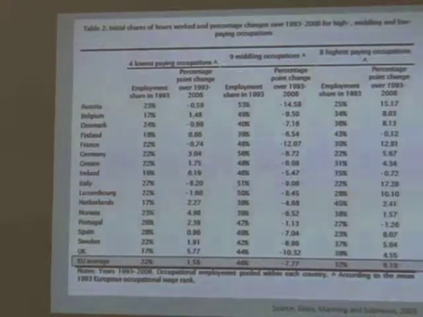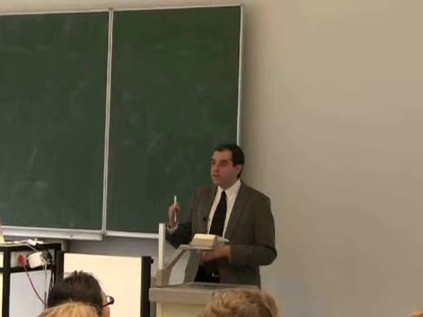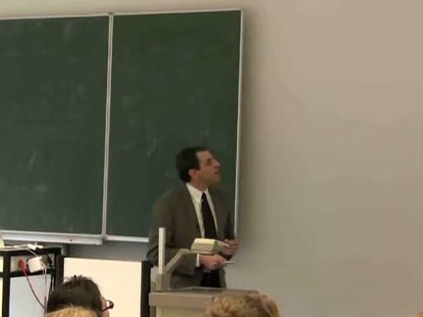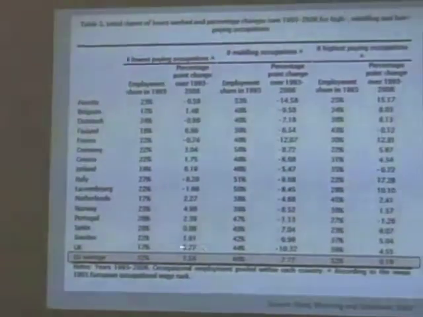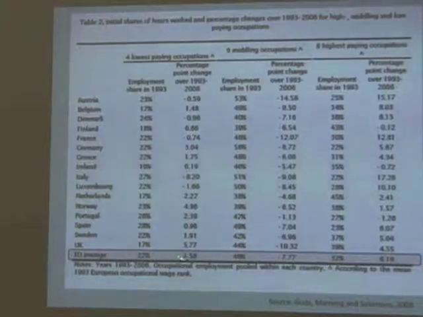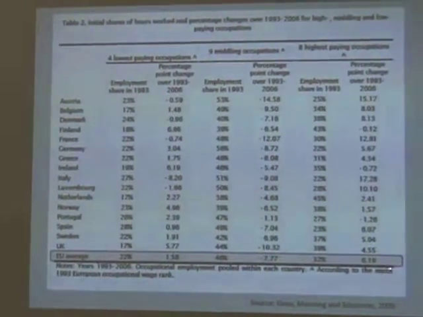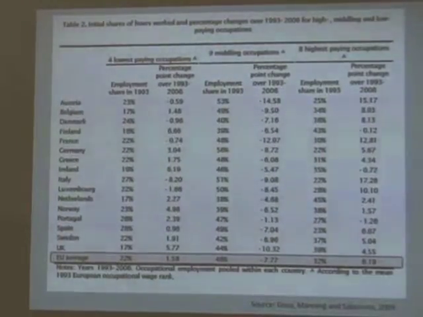And then they ask, looking across countries, where do you see growth in employment within these distributions? On average, you see that the lowest quartile is adding about 1.58 percentage points in employment share over this period. The top quartile is adding about 6 percentage points, and the middle is declining by about 8 percentage points.